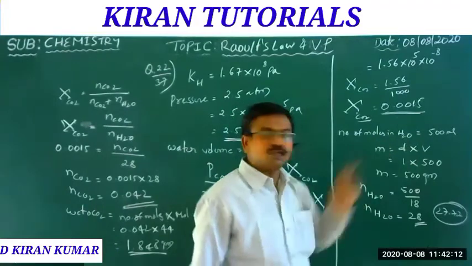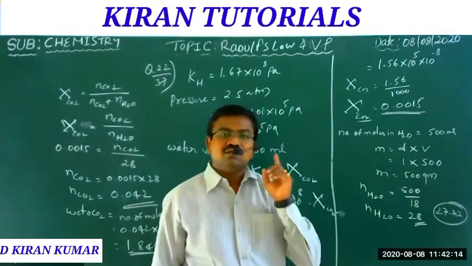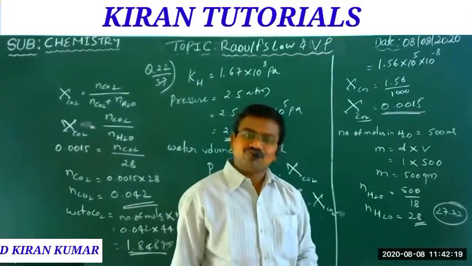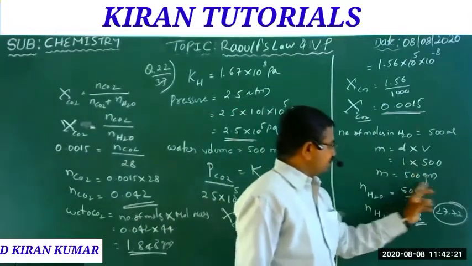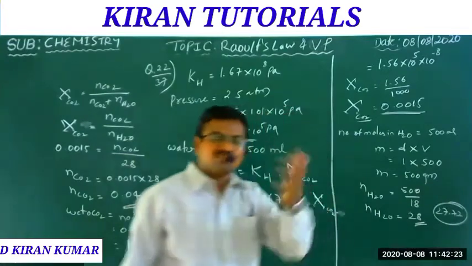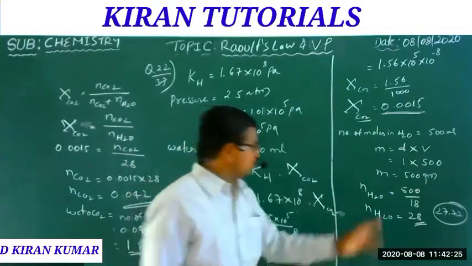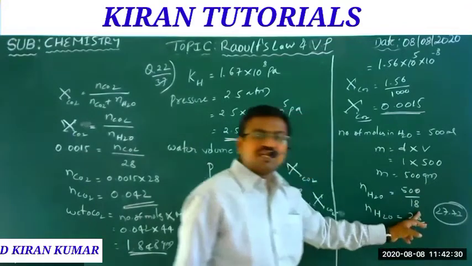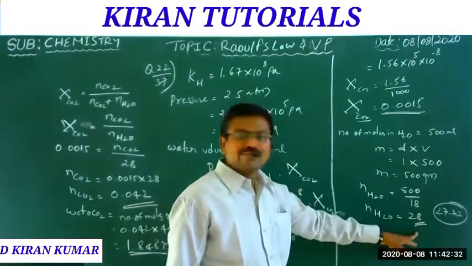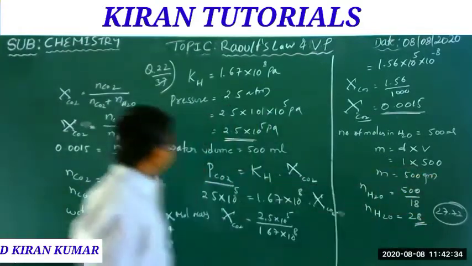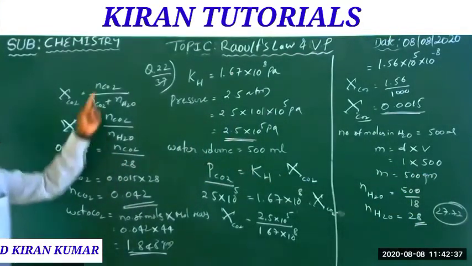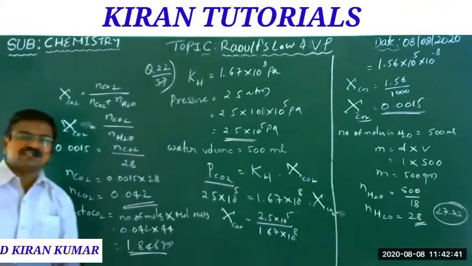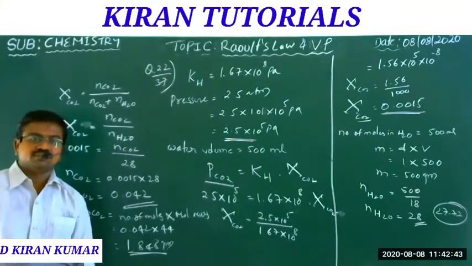Mass equals density into volume. The water density is 1, volume 500, so 1 into 500 is equal to 500 grams. The number of moles equals 500 by the molecular weight. Water molecular weight is 18, so nearly 28. Clear? Then what is the formula here? Number of moles of CO2 by the total number of moles present in solution.